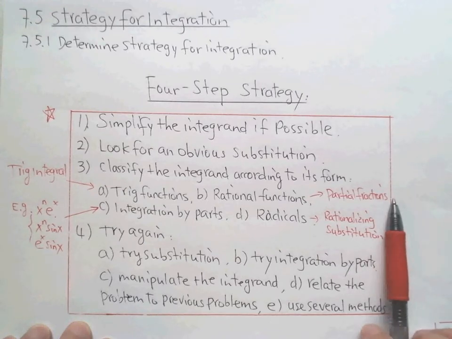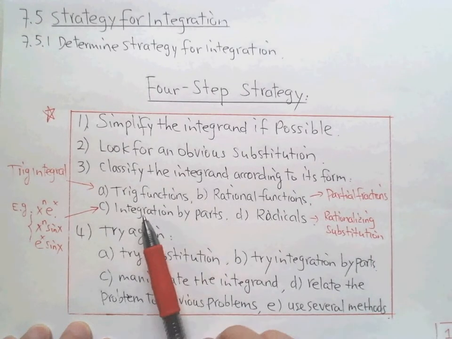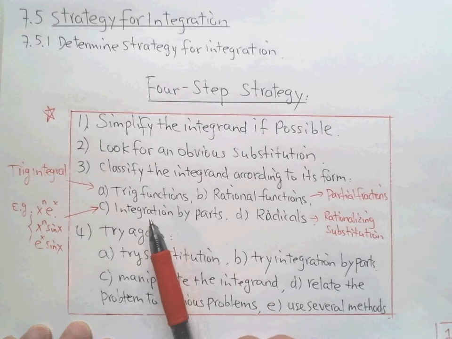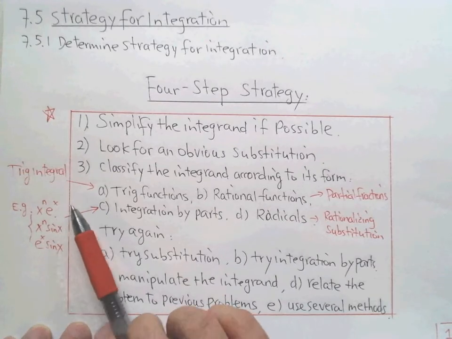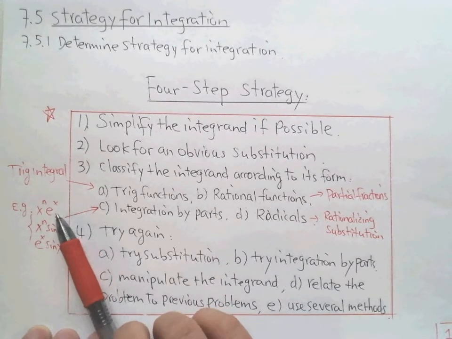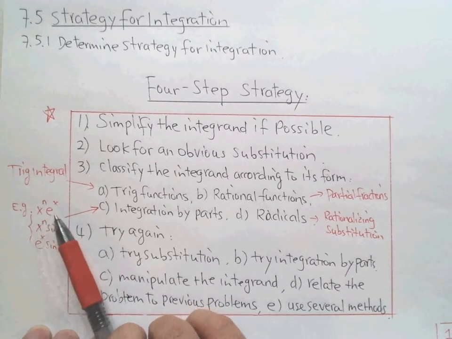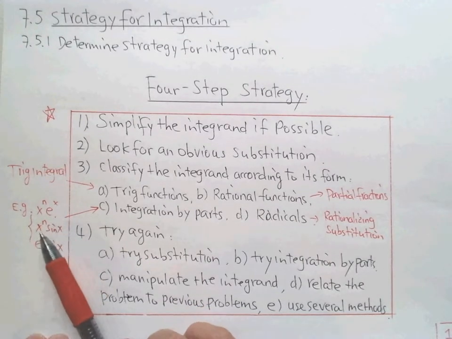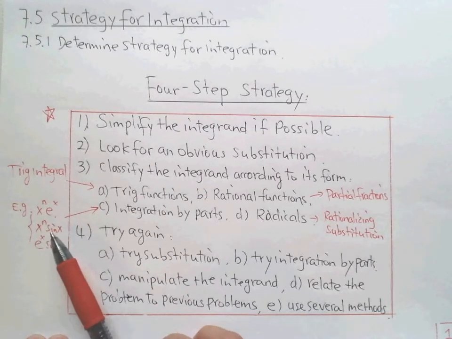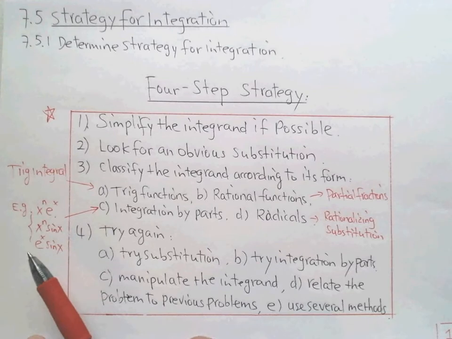Or the integrand is of a type for integration by parts. Why? We did some experiments. Some questions like the product of a power and an exponential, or the product of a power and a trig function, or the product of an exponential function and a trig function.